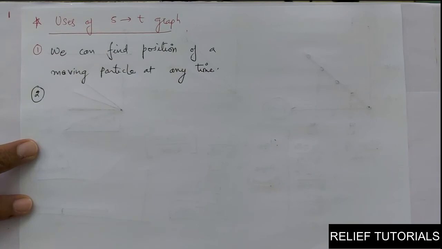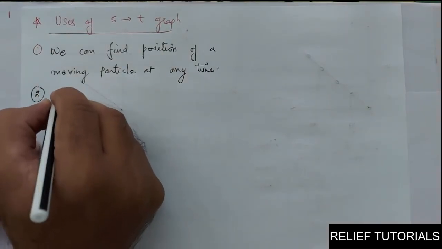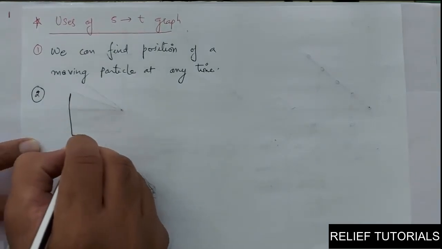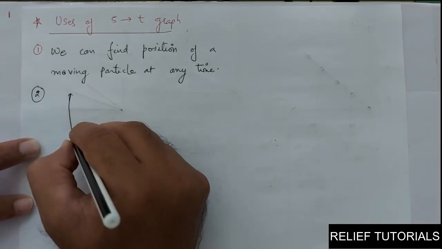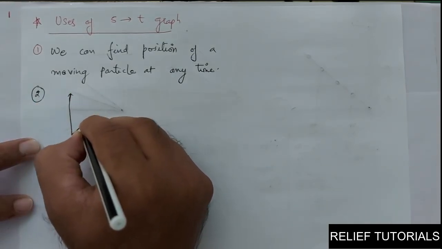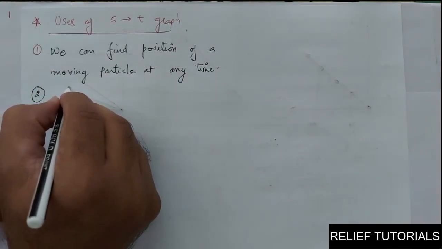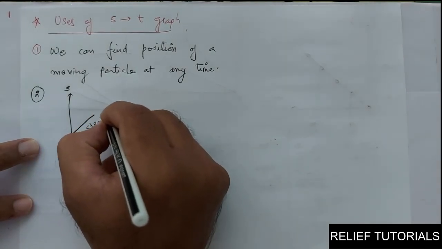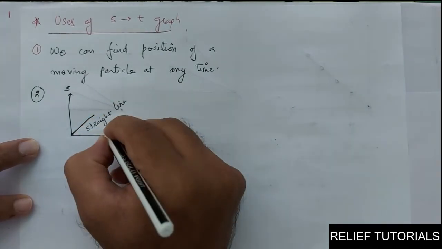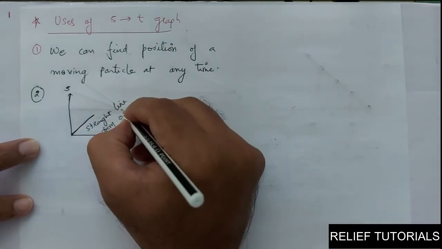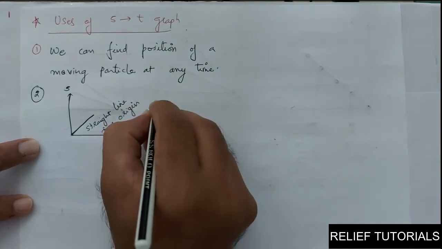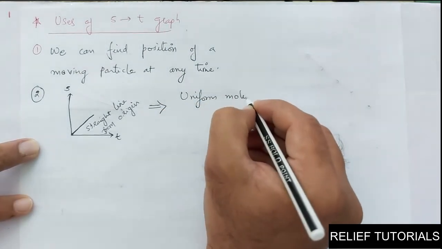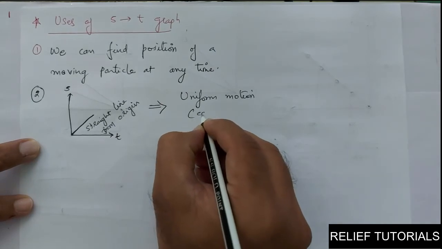Second point to be noted is, if the distance versus time graph is a straight line from the origin, what does it indicate? It indicates the type of motion is uniform motion, and uniform motion means constant speed.